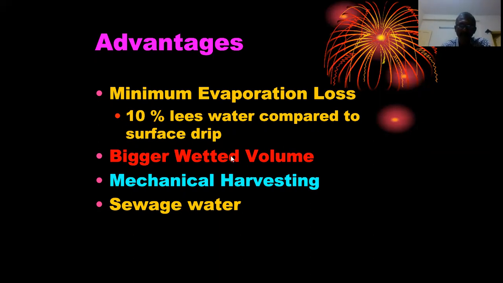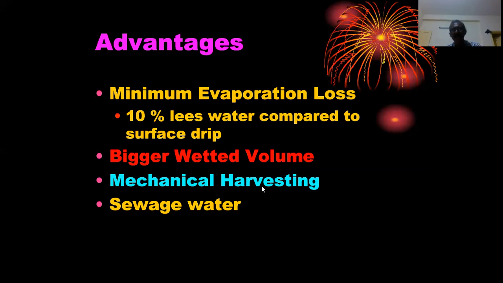Bigger wetted volume is very good, because it implies a bigger volume of soil, a bigger root zone, and a bigger root zone will be able to take nutrients from a larger area, so the crop will also be better, and the drought withstanding ability will also be very good.